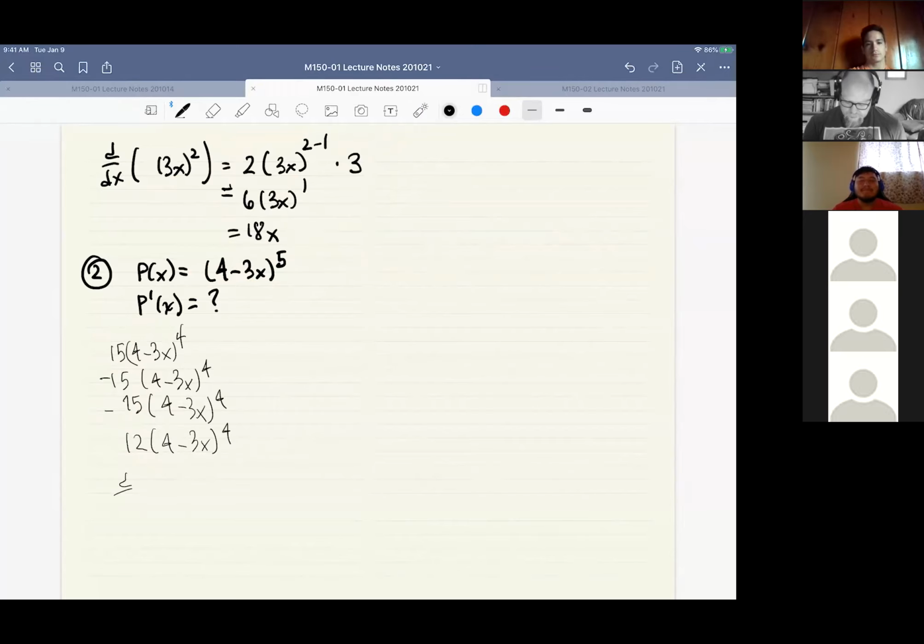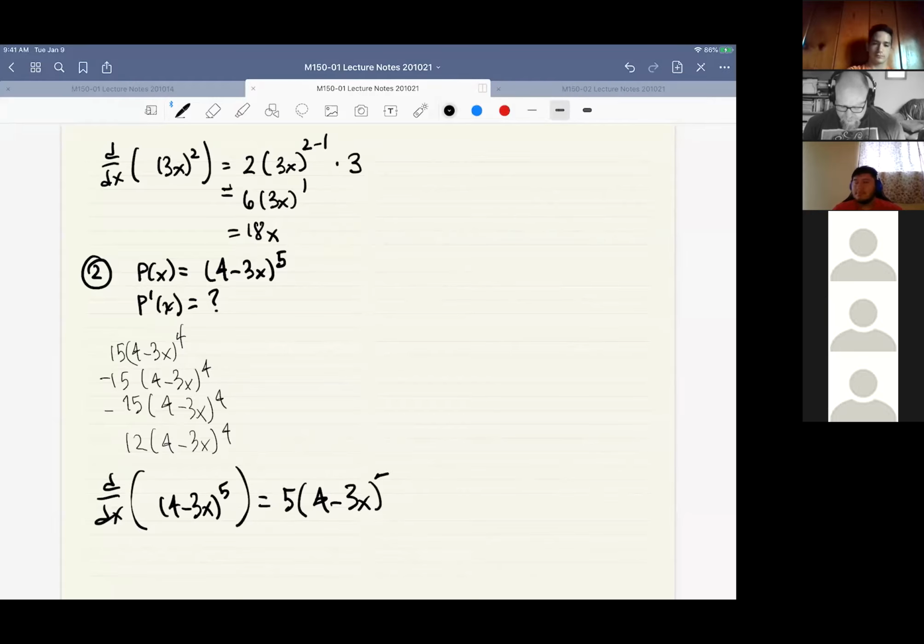So when we take the derivative of this, the first thing we do is look at the outside function and take that derivative. The exponent becomes a coefficient, and the new exponent is 1 less than the previous.